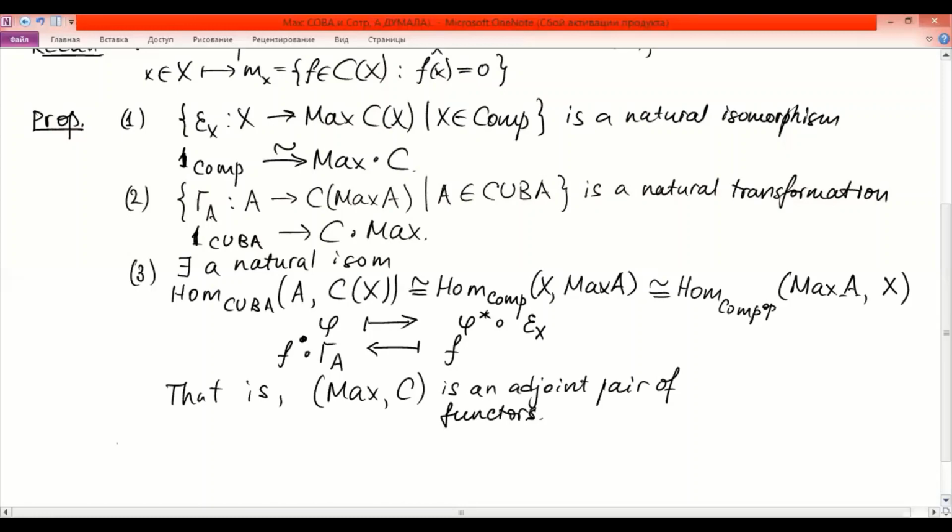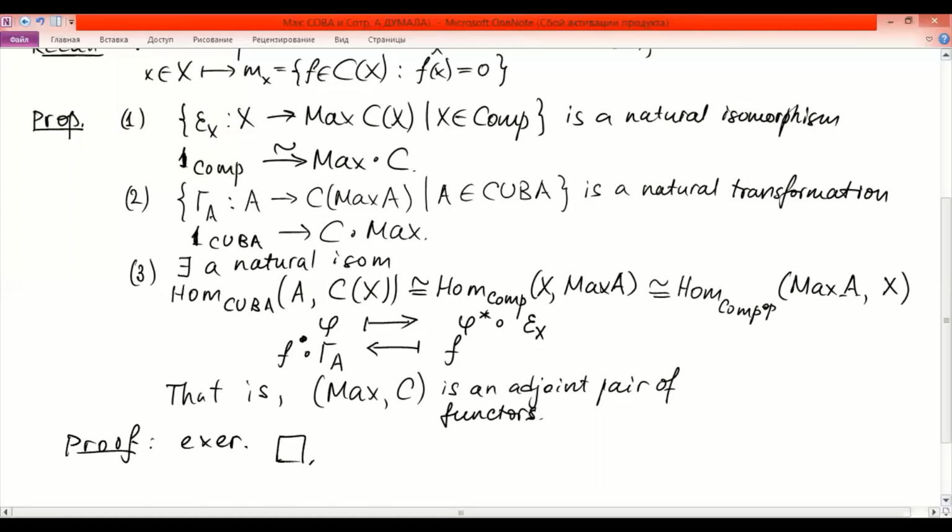The proof of this result is absolutely straightforward, so I'll leave it as an exercise for you. Well, actually, this exercise is optional because I don't assume that all of you are familiar with the language of category theory. But I hope those of you who are familiar with this language will agree with me that the proof is very easy.